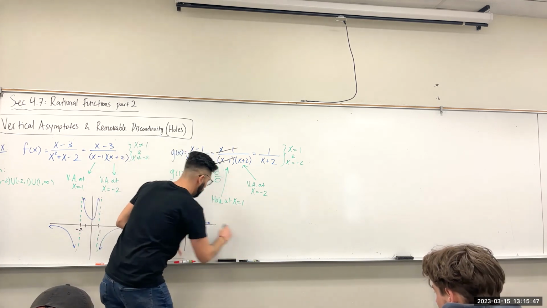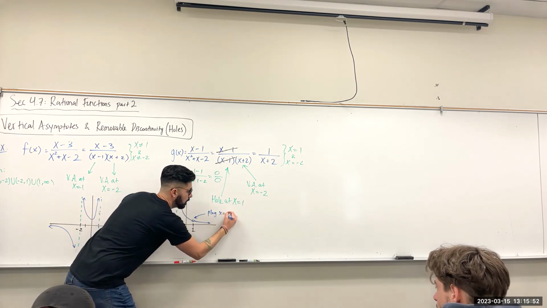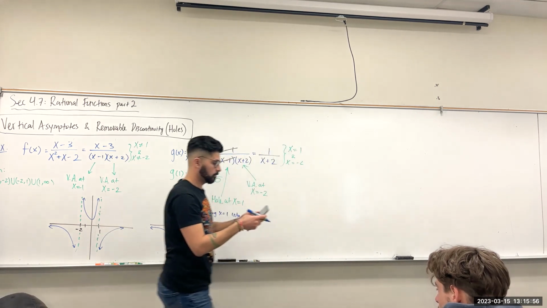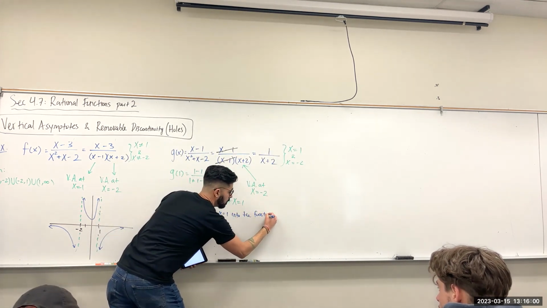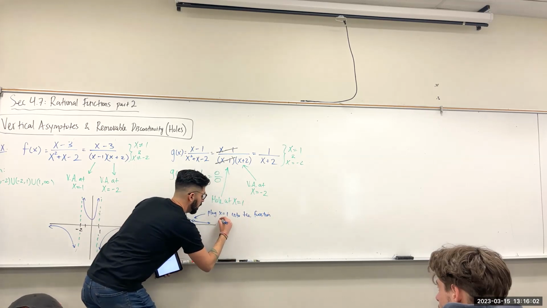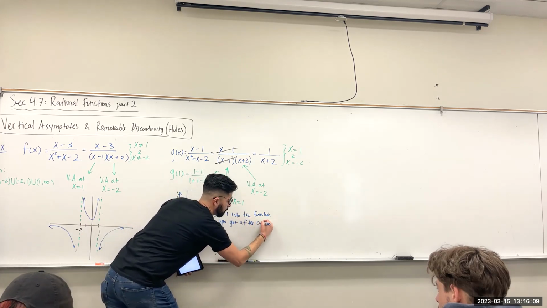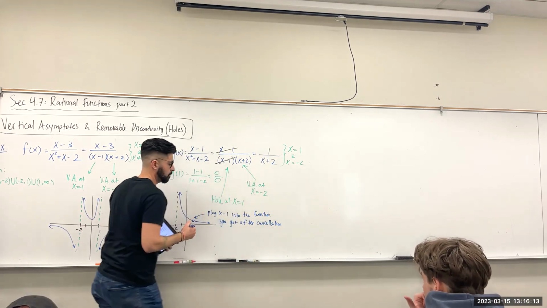So to find this hole, you plug x equals 1 into the function you got after cancellation, which in this case is 1/(x+2).